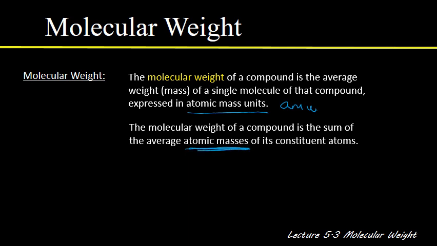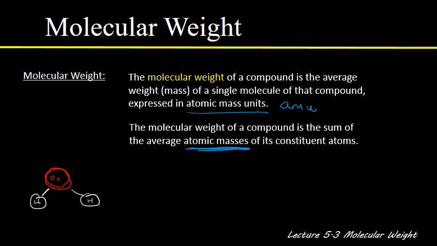So, for example, a water molecule has one oxygen and two hydrogens, and so the molecular weight is just the average weight of an oxygen and the average weight of two hydrogens, right?